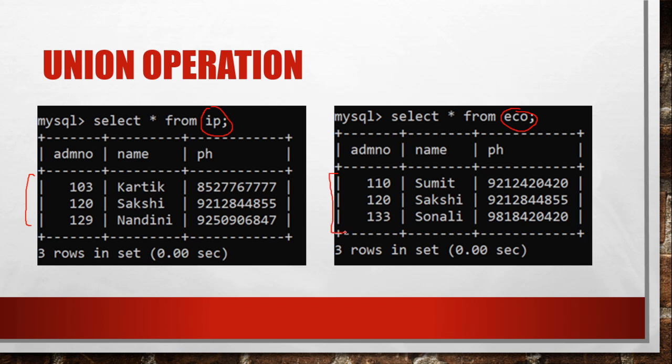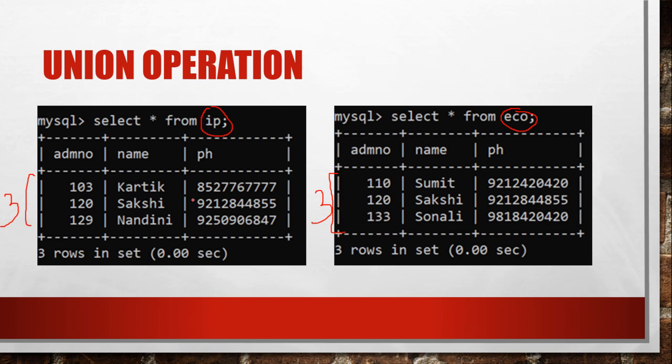So suppose the institute decided to give some gift to their students on the occasion of New Year. So now they have to place an order. They want to see how many students there are in their institute. But if they consider that there are three students over here and 3 students over here, so 6 students, then they are mistaken.